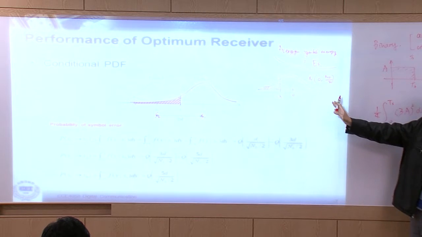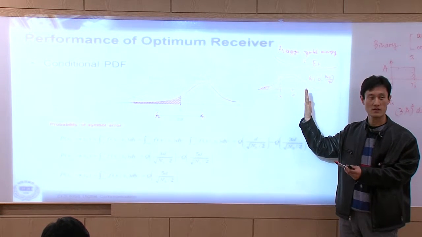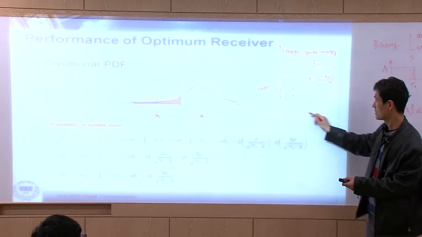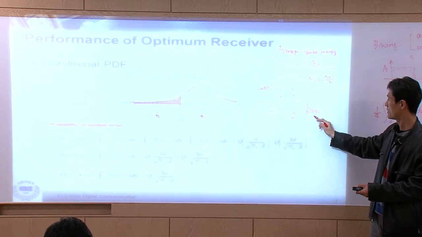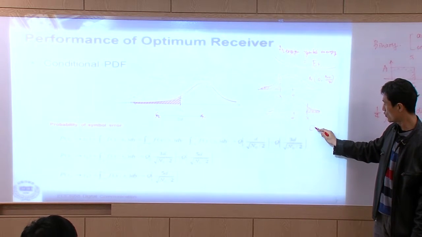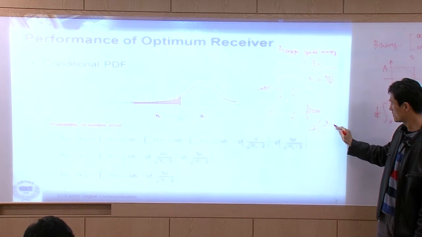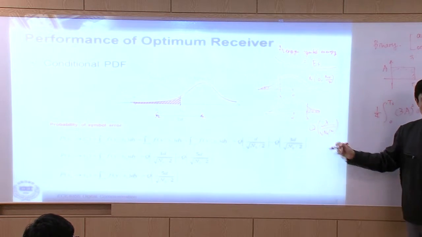Let's think about it this way. How to calculate this area is you flip it. You flip it and make it this way. Once you have that, then we already know the answer. That's going to be this. That's our error probability.